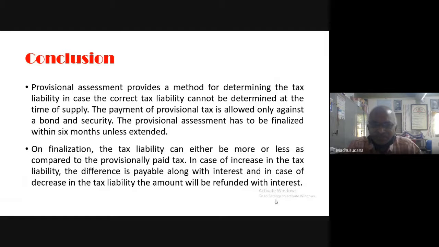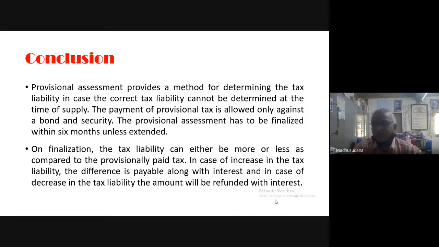On finalization, the tax liability can be either more or less compared to the provisionally paid tax. In case of increase in tax liability, the difference is payable along with interest, and in case of decrease, the amount will be refunded with interest. So this is the process and procedure of provisional assessment.